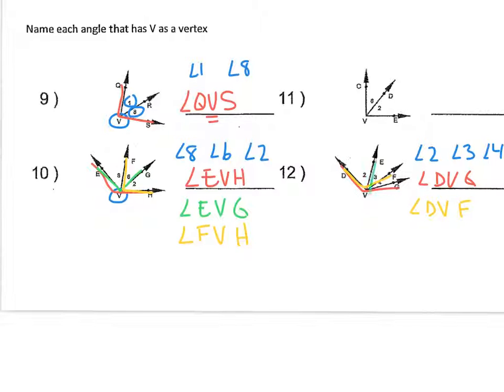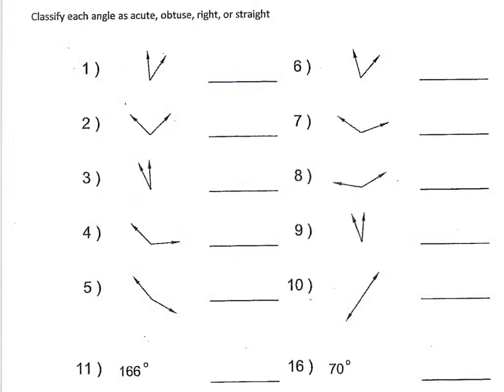And I could do these 2 together, which is angle EVG. So again, this one has 5 different angles that work as well. So those are the different ways that you can name all of the different angles that you see in the picture.